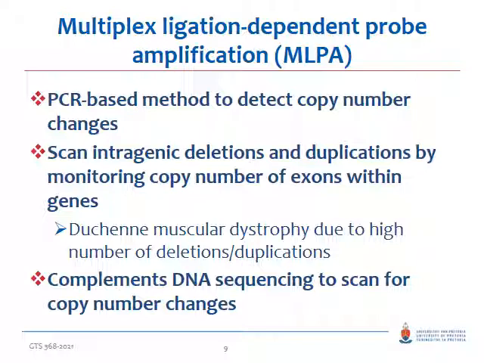Particularly, it's useful in Duchenne muscular dystrophy due to the fact that there is a high number of deletions and duplications in the case of muscular dystrophy, in about 80% of cases. It also complements DNA sequencing to scan for copy number changes.